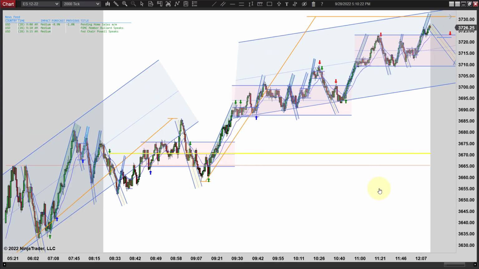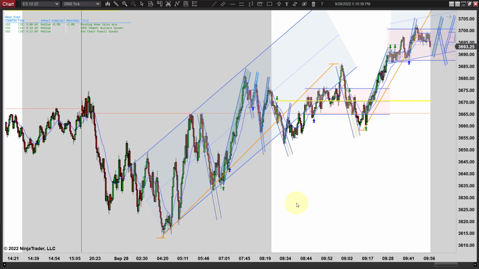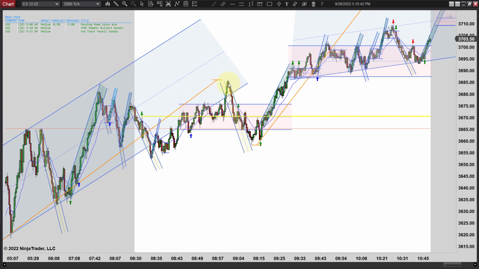When it's consistently below the EMA, you're looking for shorts. But when it's back and forth, above and below, like right in there, even though there's no consistent range area, you can still trade that both ways. That's where you draw your short-term micro channels and small ranges like this and so forth.